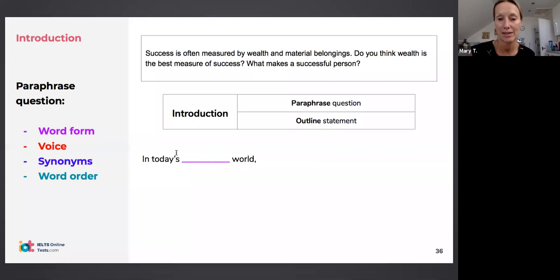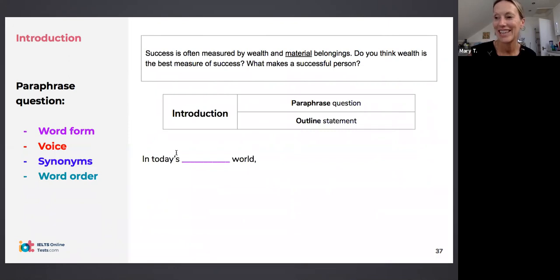Okay, so now looking at this introduction, in today's, so we've got word form. Okay, so another word for material. What word class is it, material? Adjective, yes.